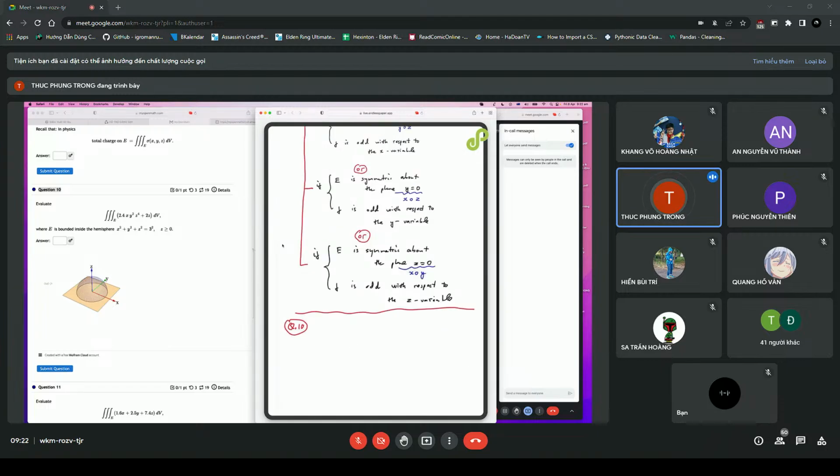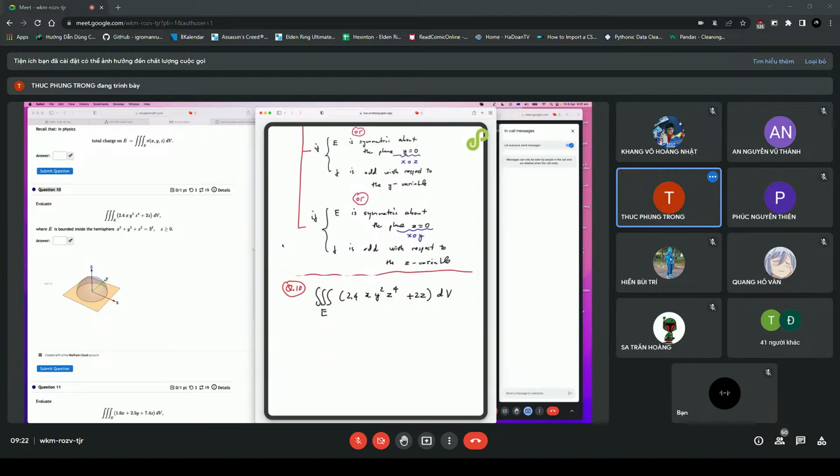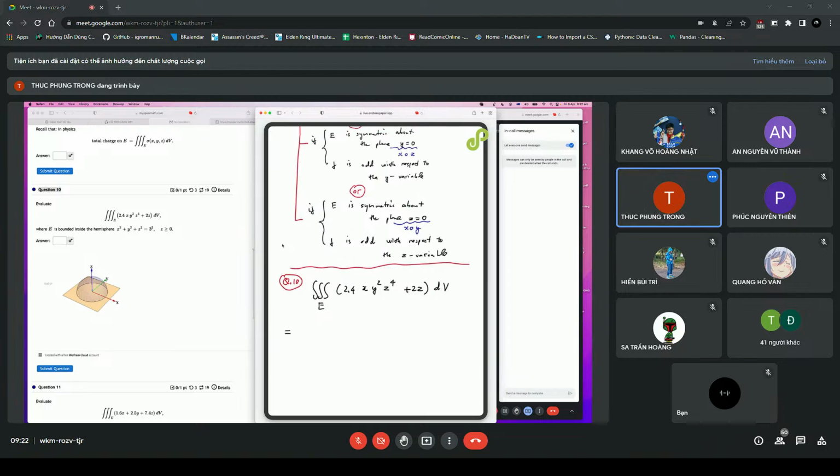All right, so what we are going to evaluate is the triple integral of the function, right? Now, we can write this in this way.